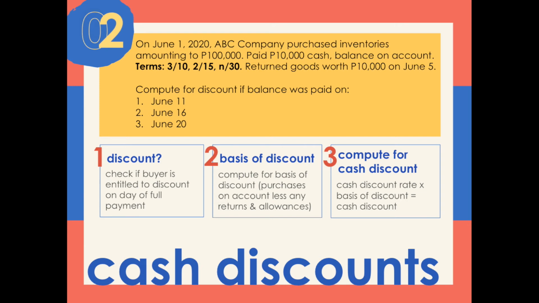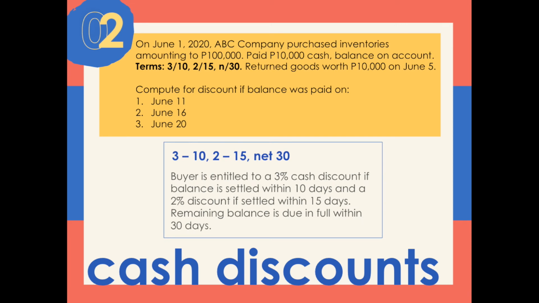Compute for the basis of cash discount. As we mentioned earlier, this is the total purchases or sales on account less any returns and allowances. 3. Compute for the cash discount, which is the cash discount rate multiplied by the basis of cash discount computed in step 2. So before we solve this problem, we have to check the credit terms first.